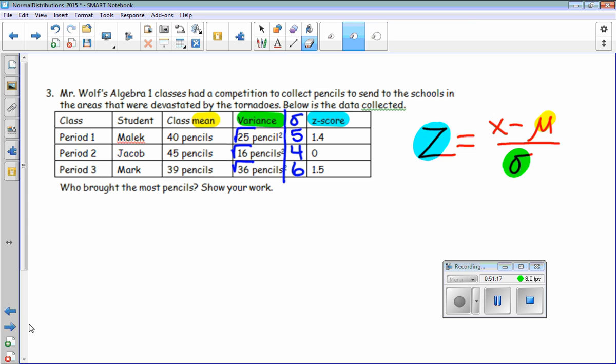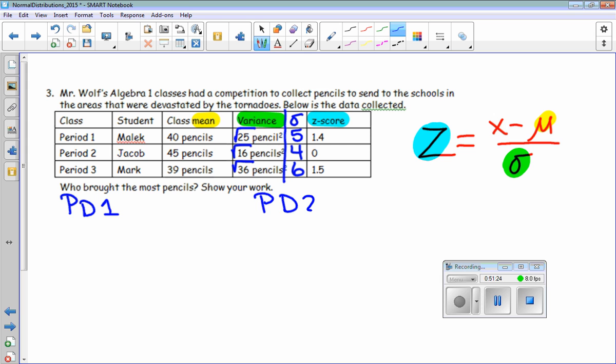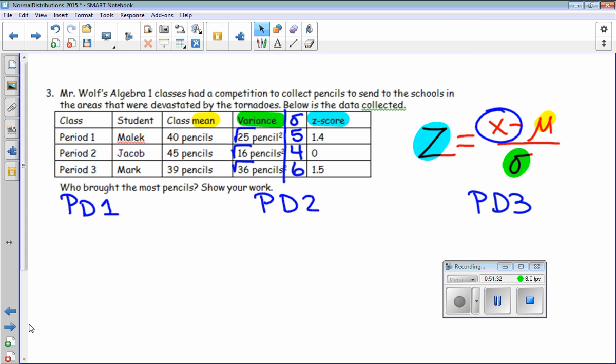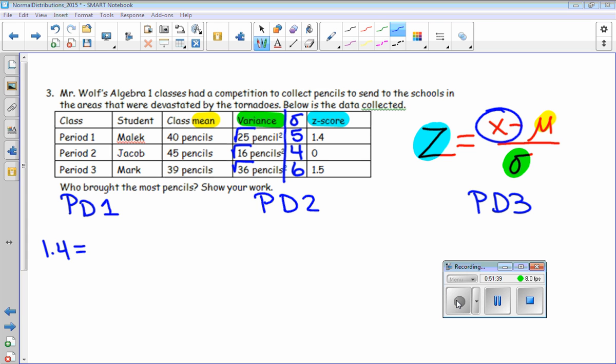Okay. So we're going to plug these values in. I'm sorry, we're going to find the number of pencils for period 1. We're going to look for period 2, and we're going to look for period 3. And we're going to be able to solve for the number of pencils in each of those cases. So for period 1, my z-score is 1.4. I'm looking for x. The mean was 40 and the standard deviation was 5.